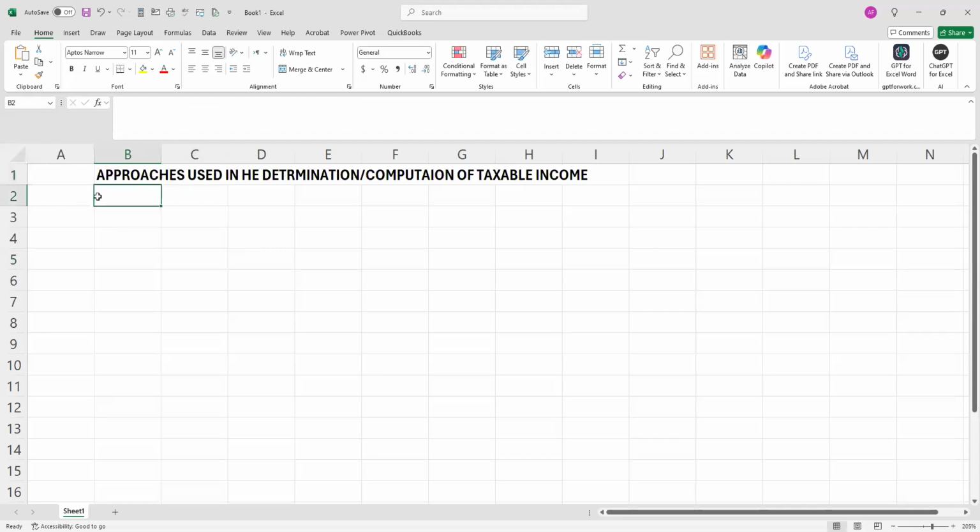We have two approaches. The first approach is what you normally refer to as a gross profit approach. Number two is what you normally refer to as a reported profit approach.